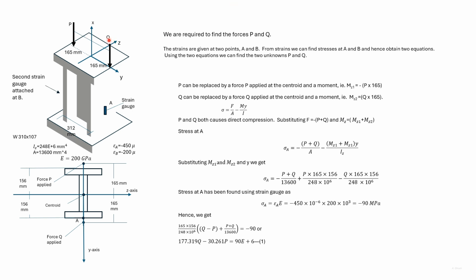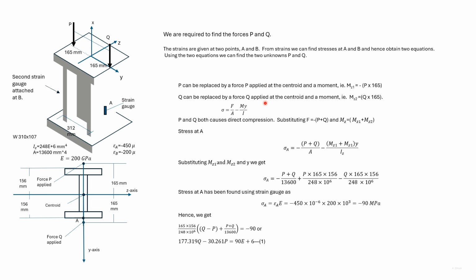Similarly, Q can be equivalently given as a force Q acting on the centroid and a positive moment given by Q multiplied by this distance. We have written the moment associated with P as mz1 and the moment associated with Q as mz2.